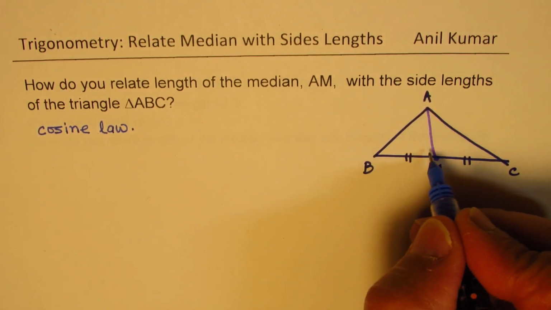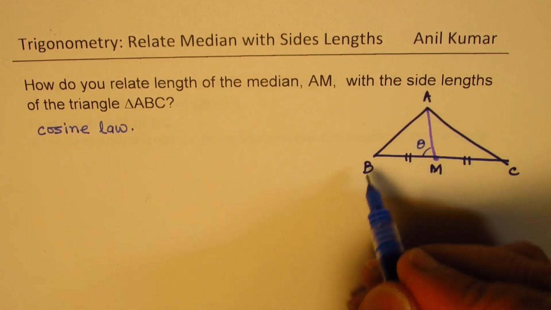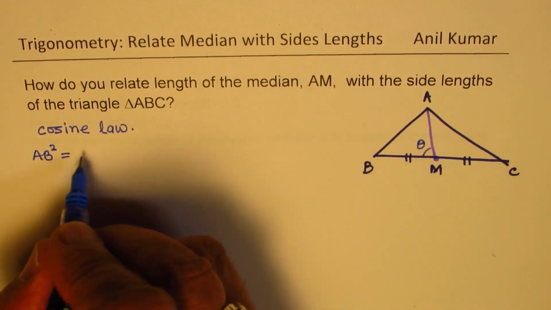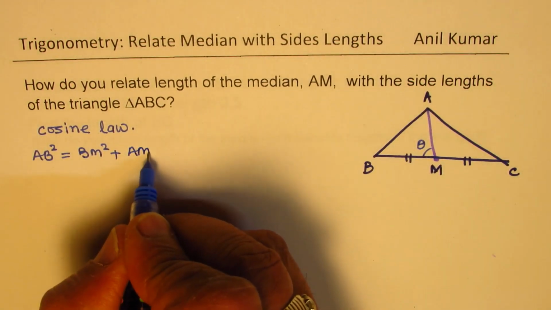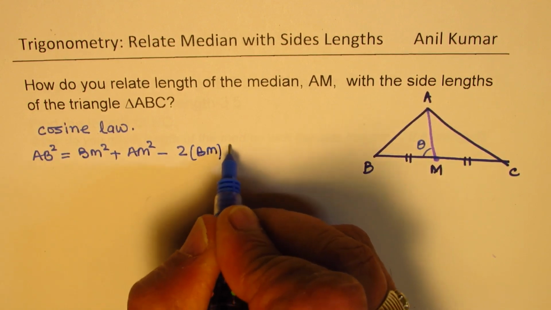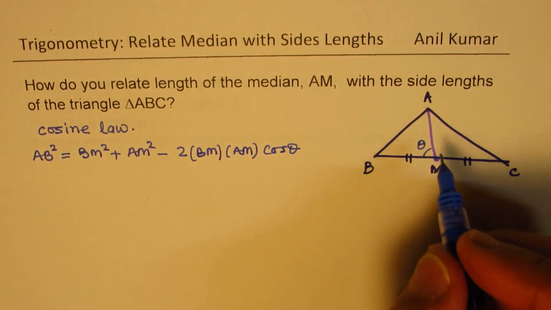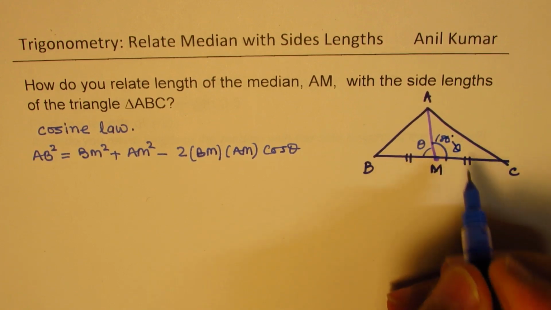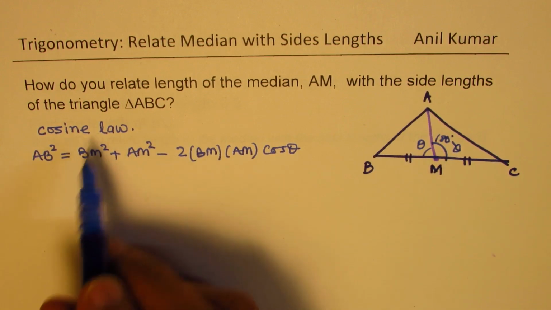If this angle here is theta, for example, then we can say AB square is equal to BM square plus AM square minus 2 times BM AM cos of theta. On the other side, this angle here will be 180 degrees minus theta, correct? So we can relate this triangle with that angle using the cosine law.